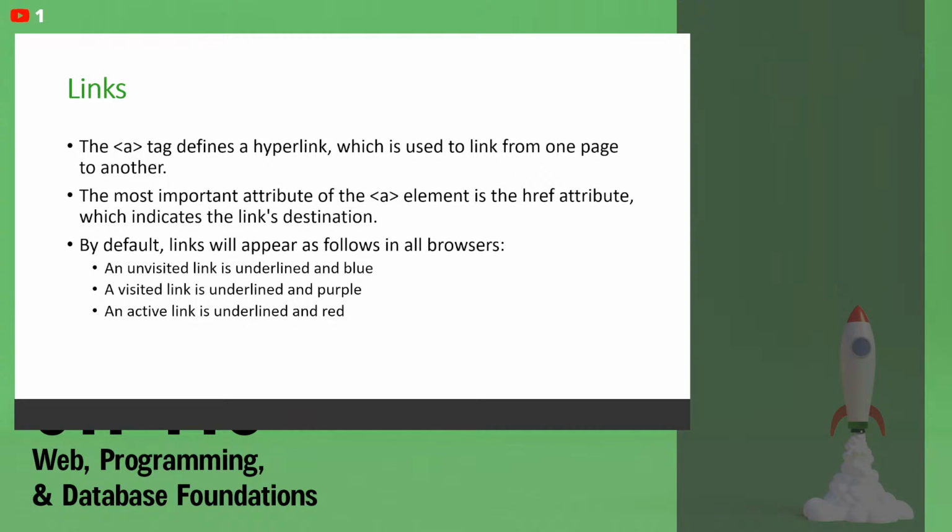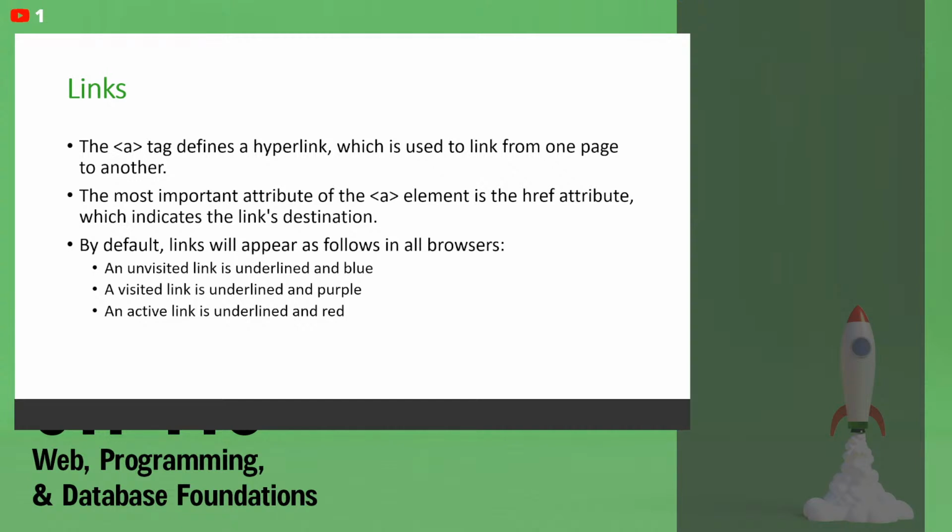Typically, when we are linking from one page to another page on a singular website, we use an internal link. When we are linking from one page to a page that's on a completely separate website, we will use an external link. And we'll do an example of both of those here in just a moment.